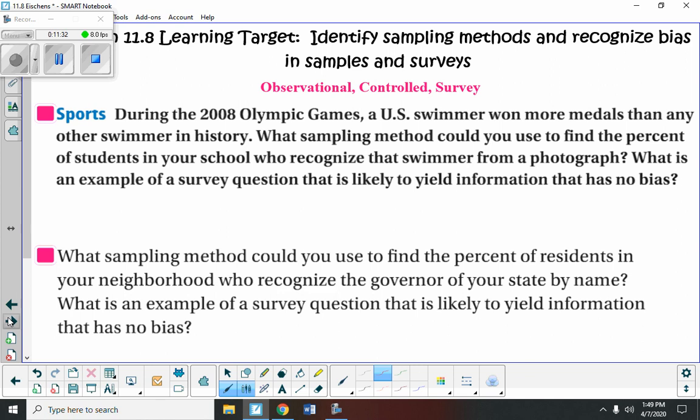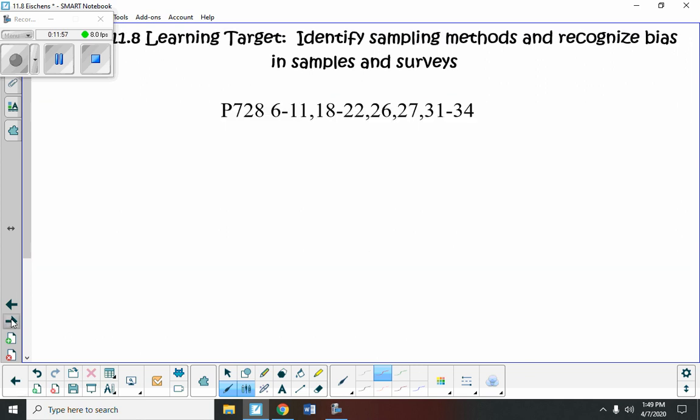And if you want it to be very random, you would hold up a picture and say, who is this person? And you might even want to find a picture of the governor wearing plain clothes, because if you put him in his suit with the flag behind him, it's going to be a hint for the person too. So if you want to get legitimate information, you want to keep your question as unbiased as possible.